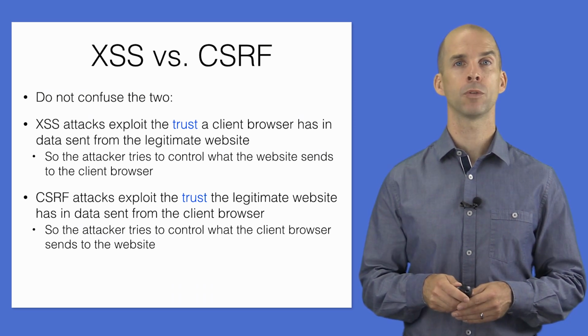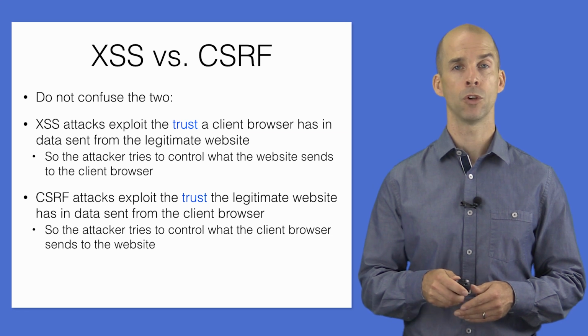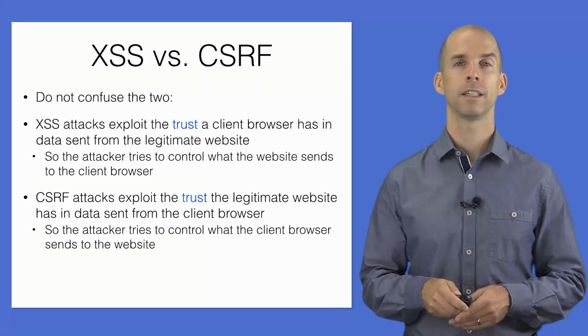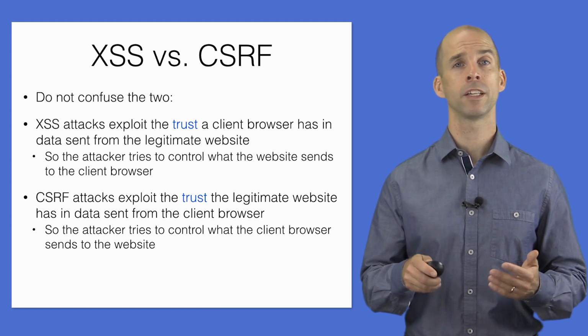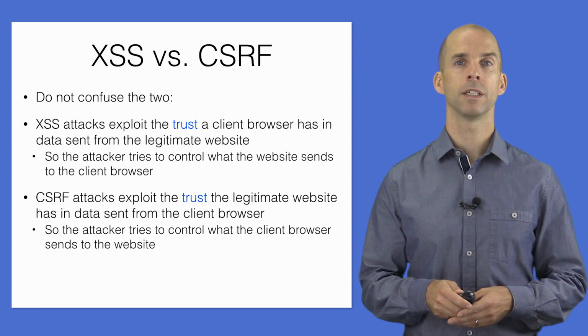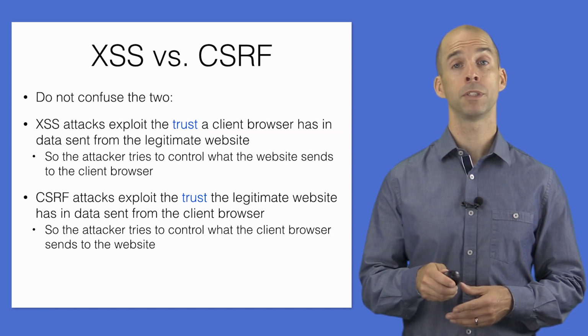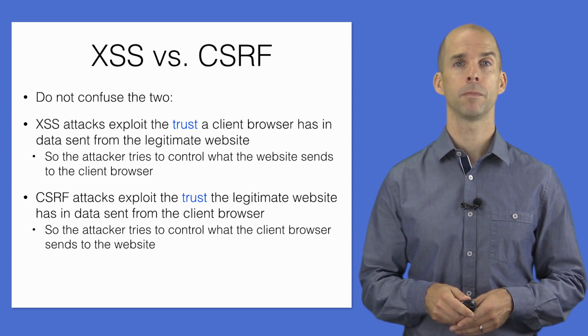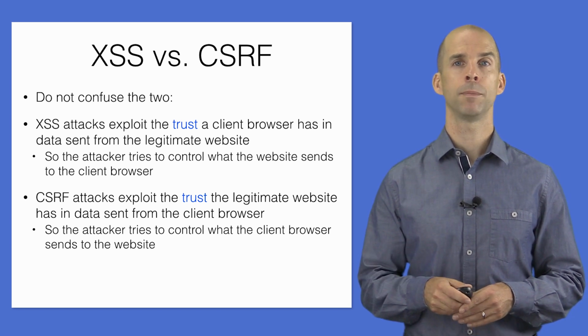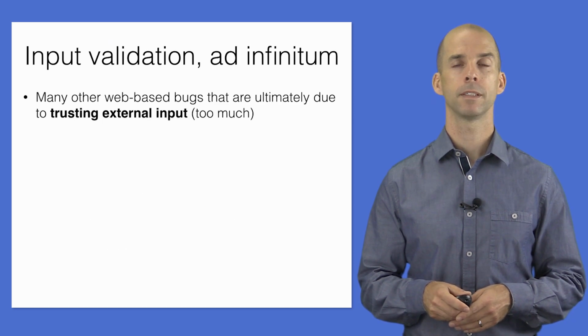CSRF exploits the trust a website has in data sent from a semi-trusted browser. So the attacker tries to manipulate what the browser sends to the site. In short, it's all about exploiting trust. The right defense is to reduce that trust as much as possible, in particular by using input validation. This theme comes up again and again in web security, and indeed in distributed system security generally.